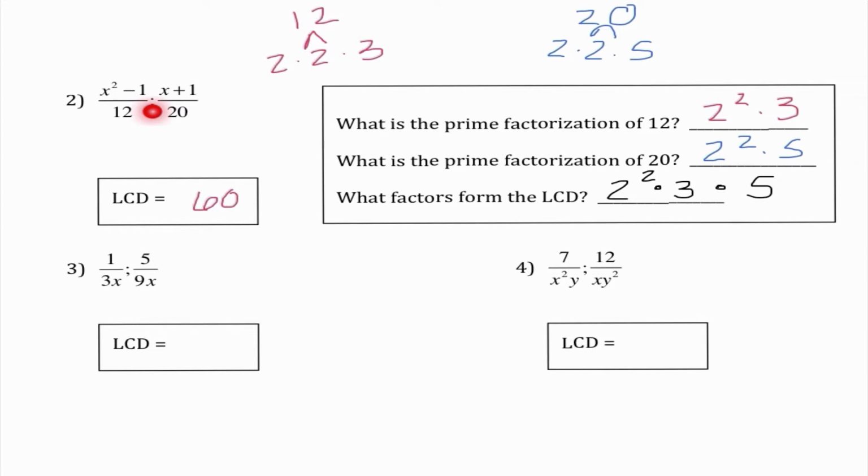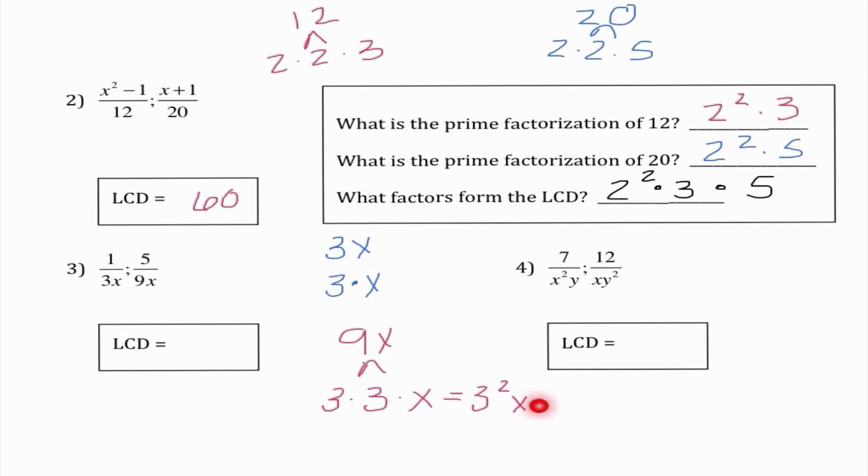If we look at number 3, all of a sudden this gets a little bit more complicated because we're adding x's in. So if I think of 3x, my prime factorization of that would be 3 times x. If I thought of 9x, it would be like 3 times 3 times x, or 3 squared x.